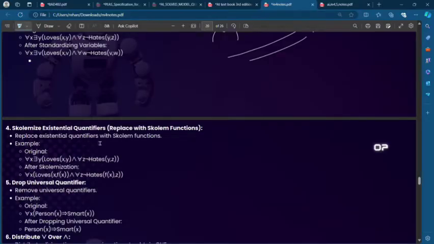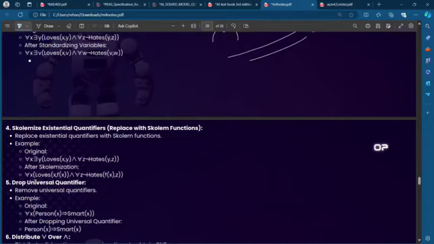In the existential quantifier, I had already explained how some letters are being Skolemized. So see here what they are saying. For all x, there exists y, where loves x comma y means all x loves some animals, and for all z, hates y comma z. So y does not hate all z.